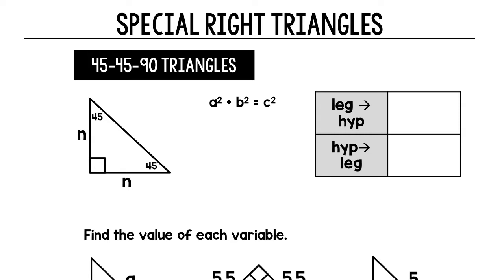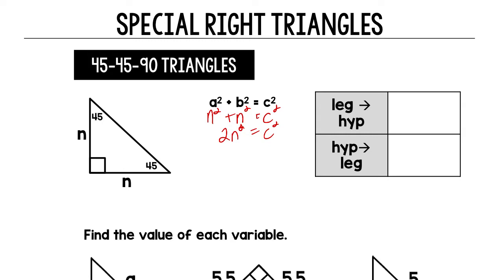So if we use the Pythagorean theorem, a squared plus b squared equals c squared, and we've got a, b, and c, the hypotenuse is between the two 45-degree angles. We can say that a and b are both n instead of a and b. If we combine like terms on the left, that's 2n squared equals c squared.